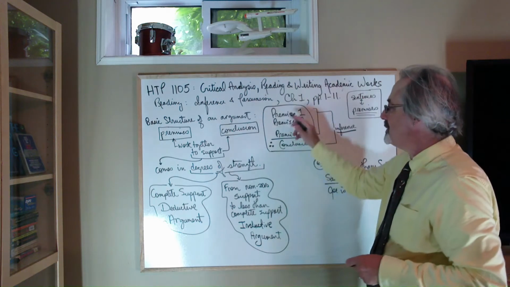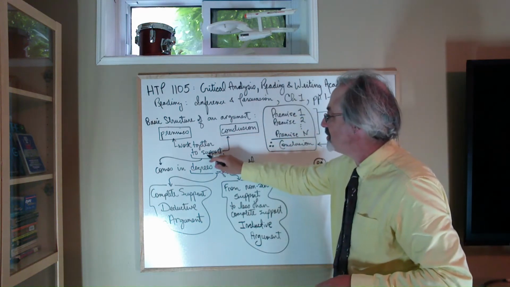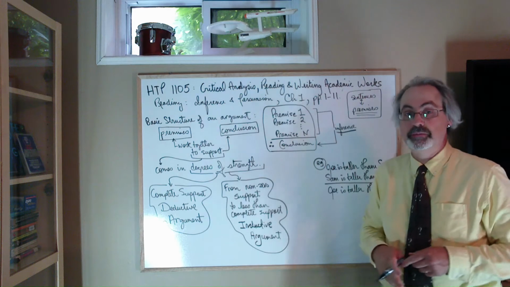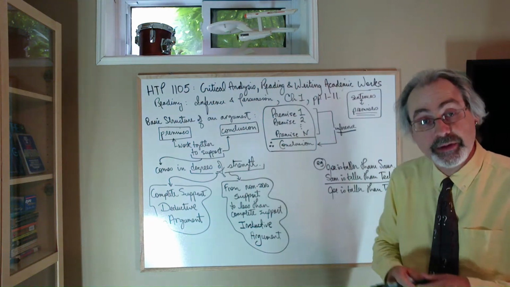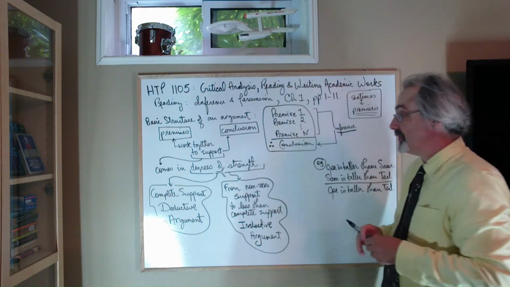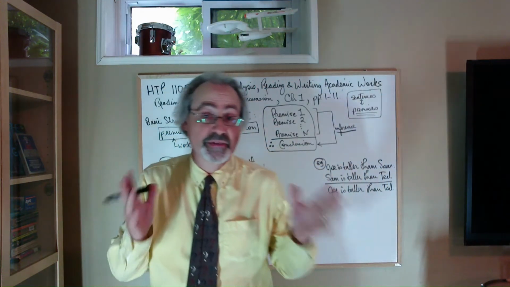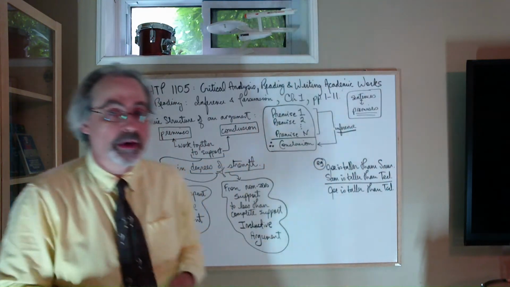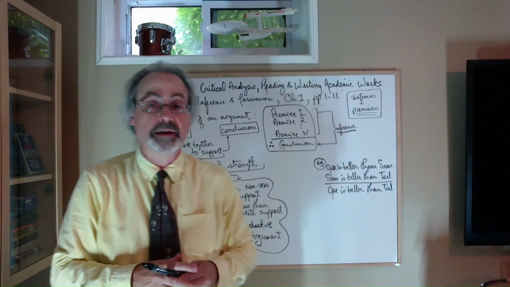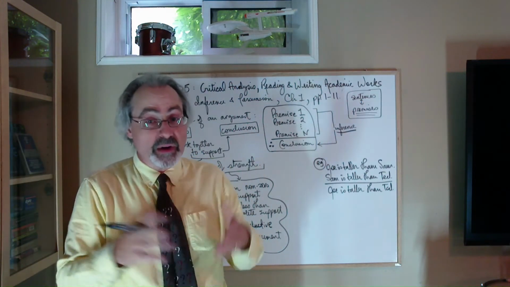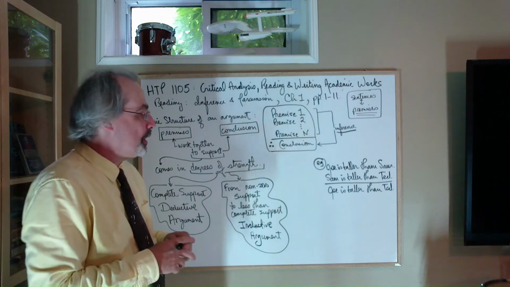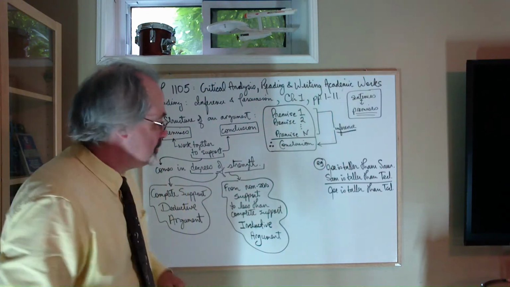So I said that the premises work together to support the conclusion. Now, in an argument, when we're talking about them in the philosophical sense, this notion of support needs to be unpacked. This is a fairly subtle and difficult problem. We're not going to dig too much into it, but you should be aware of it, and you'll have to think about it as we go along. But for now, just think of it this way.